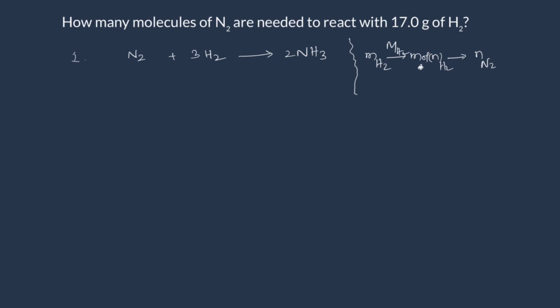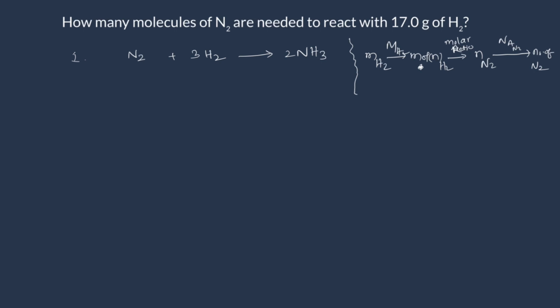Then moles to another substance, we have to use the molar ratio. So by using this molar ratio, we can convert number of moles of hydrogen to number of moles of nitrogen. From number of moles of nitrogen we can convert to the number of nitrogen molecules. How do we get this? By using the Avogadro number of which one? That is nitrogen. Keep in mind, this is the pathway to calculate this question.